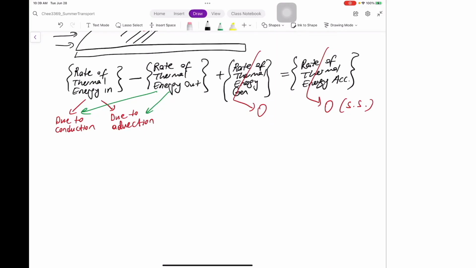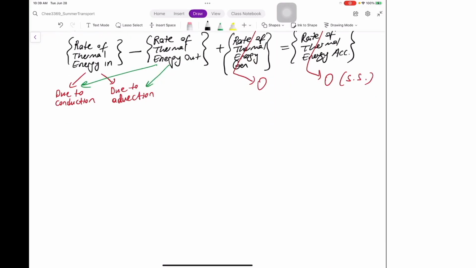Okay. So rate of thermal energy in due to conduction, you can call it Q conduction. Let's call it q along the x direction, right?